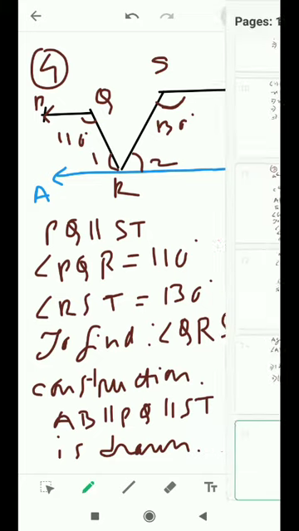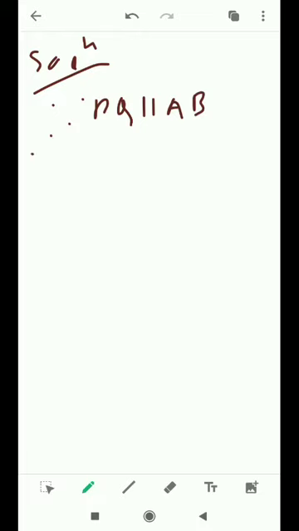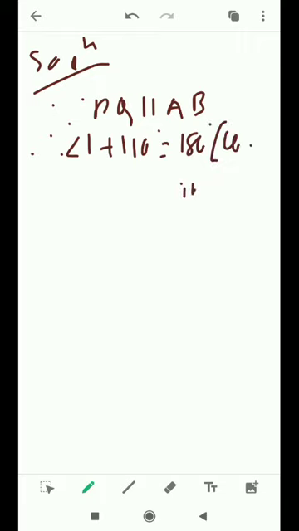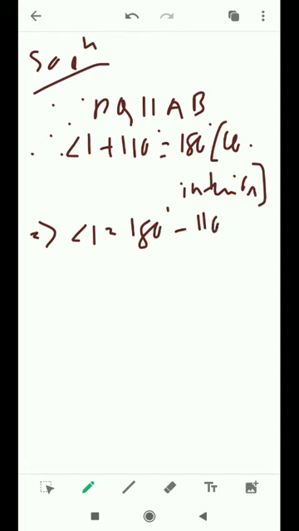Now from the figure you can see angle 1 and 110 are interior angles on the same side of the transversal. So first we will write in the solution, since PQ parallel AB, therefore angle 1 plus 110 equal to 180. So co-interior. So angle 1 is equal to 180 minus 110, angle 1 is equal to 70 degree.